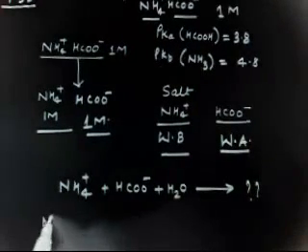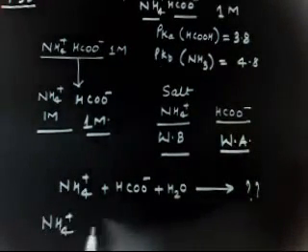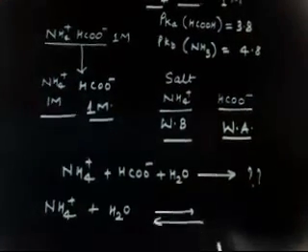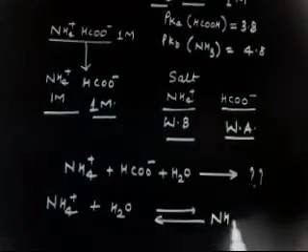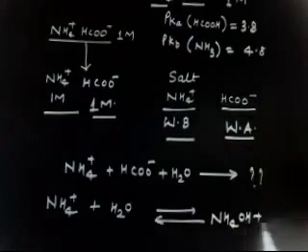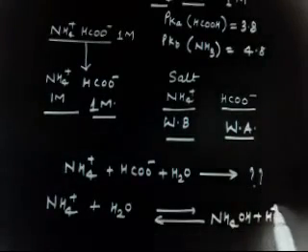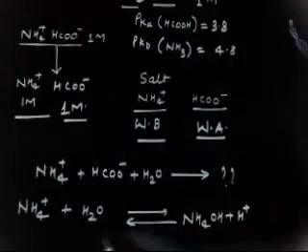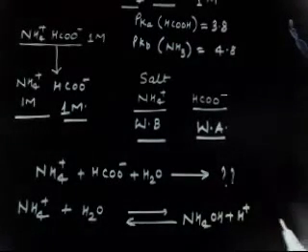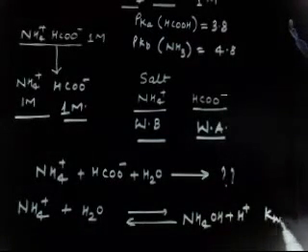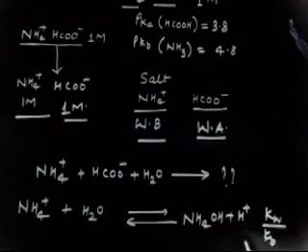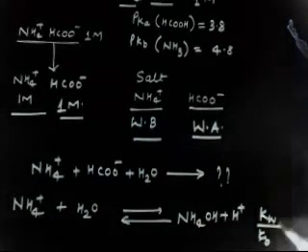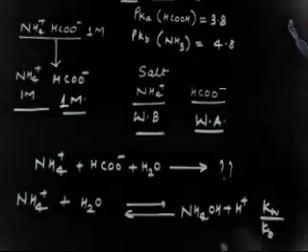If I consider separately, NH4 plus will hydrolyze the water H2O, and it will form NH4OH plus H plus. Are you getting? Now what will be the equilibrium constant for this reaction? The hydrolysis constant for this reaction will be Kw by Kb, because this behaves like acid. So this is behaving like acid.